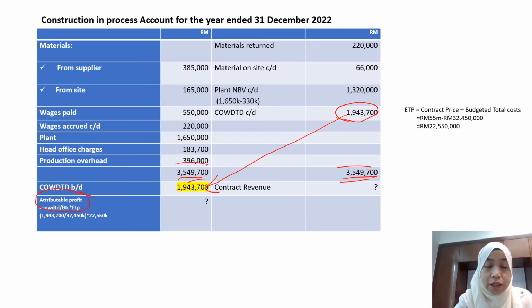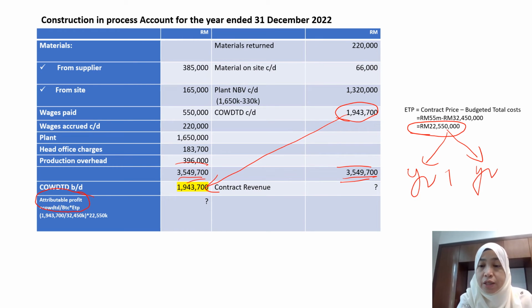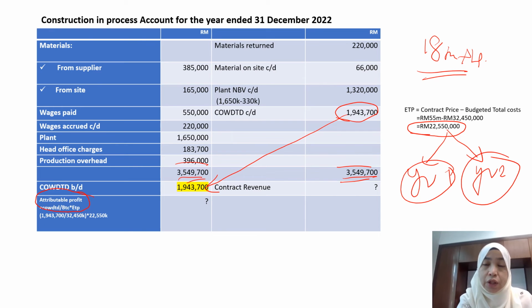In this case, we will apply the first method to calculate attributable profit. Remember, estimated total profit, you must allocate to 2 different accounting periods, because this project will take 18 months to complete. So how much will you allocate for the first year?